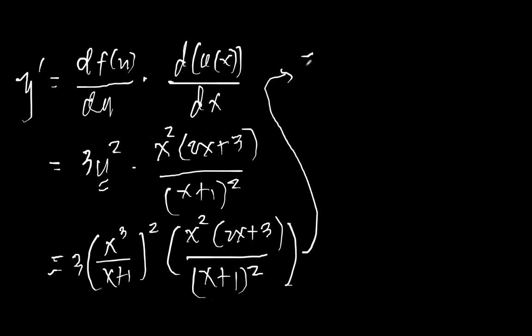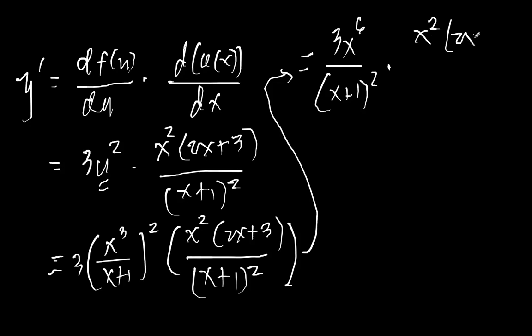Okay, so let's simplify here. This becomes 3x raised to 6. We're dealing with the first factor here, over x plus 1 squared, right? And let's simplify this. This is x squared times 2x plus 3 over x plus 1 squared.